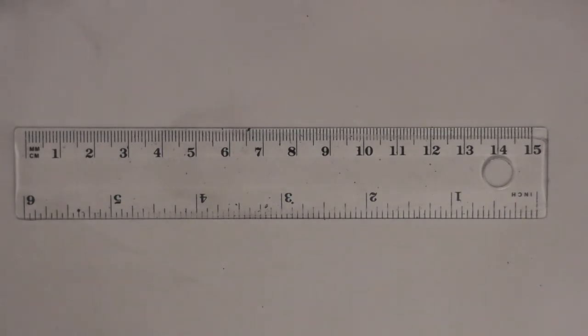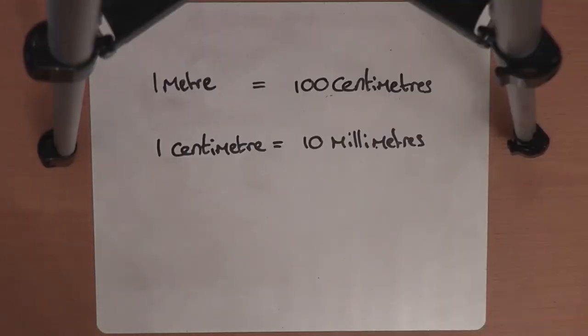That means there are 10 divisions within each centimetre. And each of those divisions, there is a little bit of a clue there, each of those divisions is a millimetre. So it turns out that 1 centimetre is the same as 10 millimetres. And all we've done is count some lines on a ruler to find that.